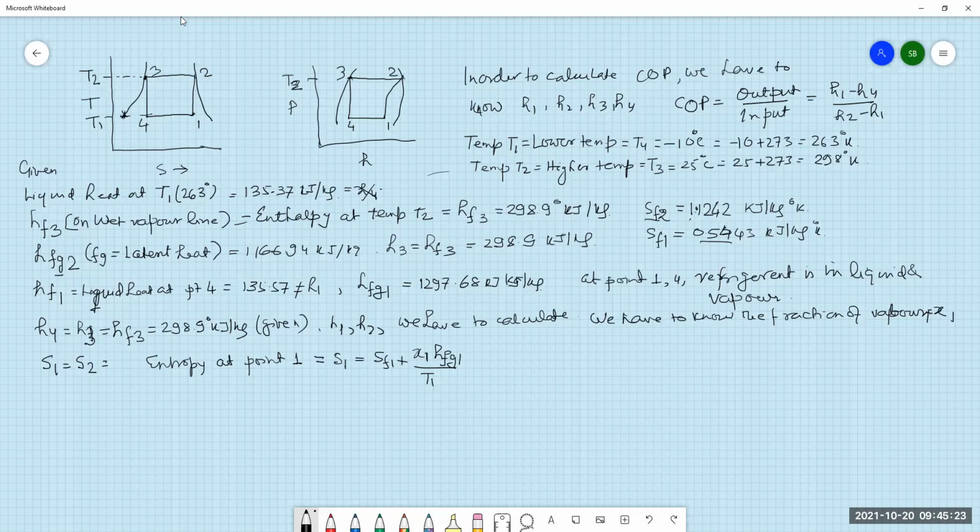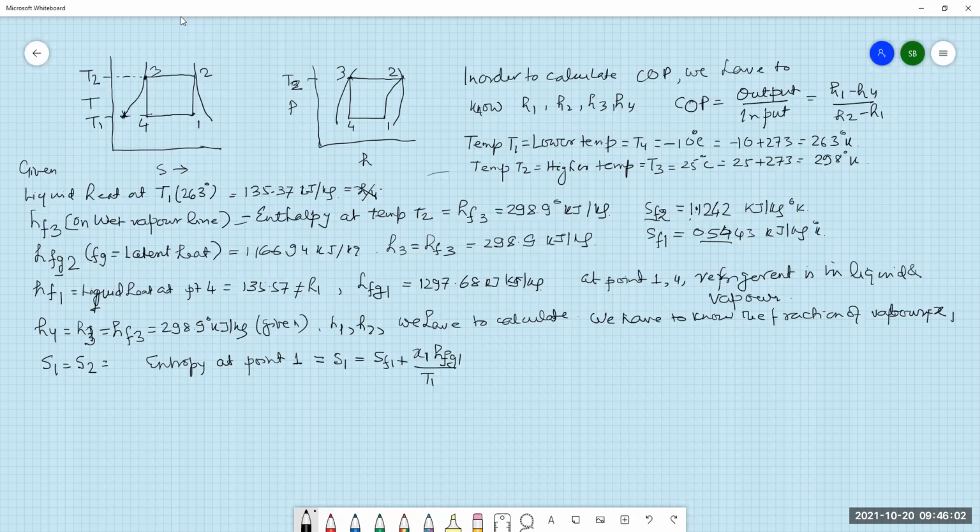4.934 x1. From here, we calculate x1 itself, which is equal to 0.91. Thus, we can now calculate the enthalpy at H1, which is the enthalpy at this point, because we now know the fraction. HF1 is the enthalpy at point 1 in liquid state.